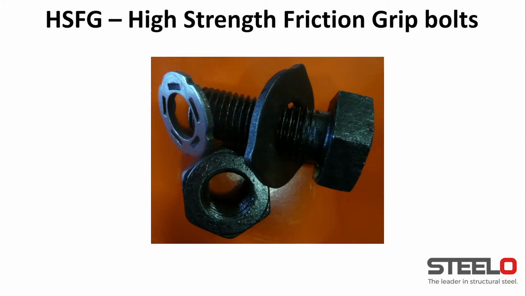It is very important to note that one of the washers for an HSFG set has these kind of bits sticking out, and you have to tighten the nut until those parts sticking out get flattened. That is when we know that the strength inside the bolt is exactly as designed.